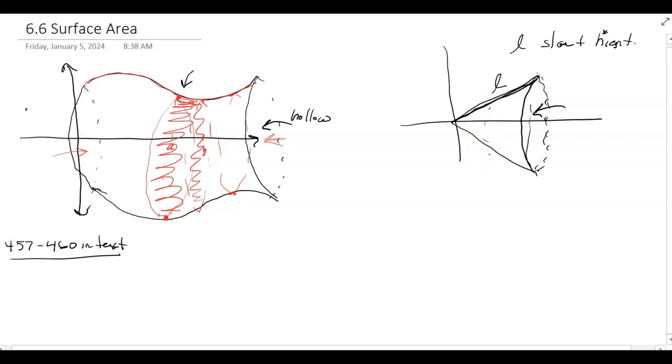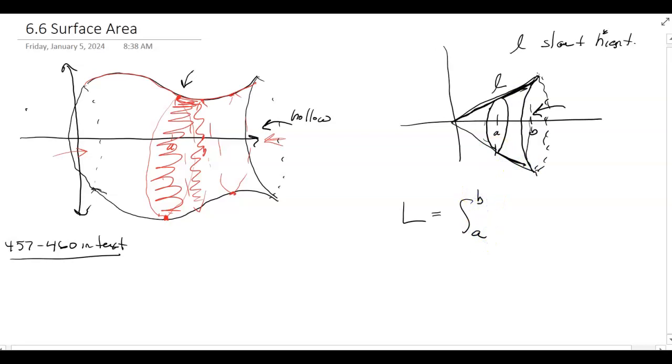Well, that's also something we just did in the last section, which is length of a curve. So if we already know the length of the curve, and we're looking at bands, let's just look at the band here from, say, A to B. We look at just this band.